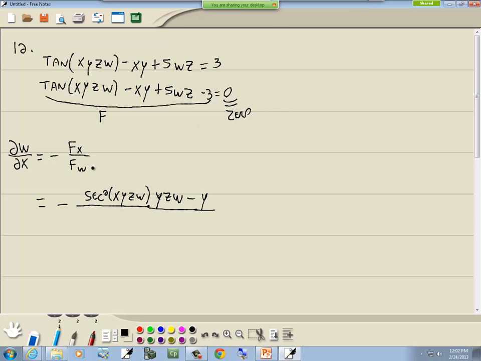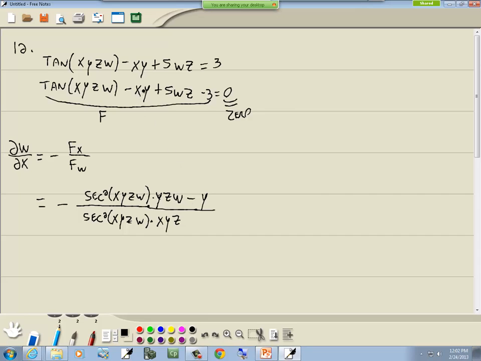Over the partial with respect to w. Well, the derivative of tangent is again secant squared. That doesn't change. That's just our normal chain rule. Times the derivative of what's inside the parentheses with respect to w. And x, y, and z are constants, and the derivative of w is 1. So that gives us xyz.